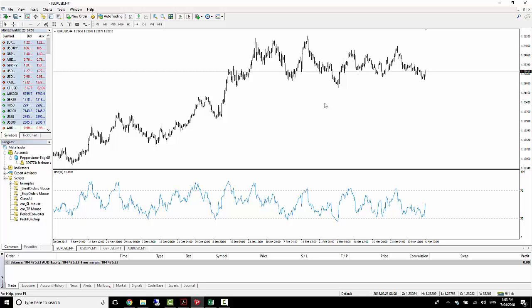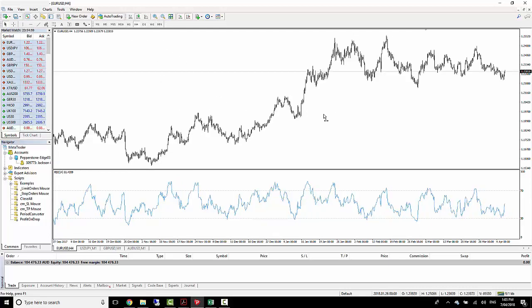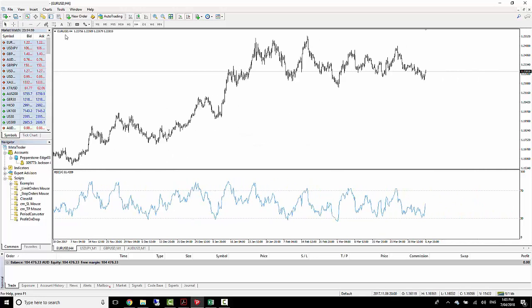So how do we identify divergence? Divergence is very good with double tops, but typically what we want to look at is what happens when price is doing one thing and the indicator is doing the opposite. It's diverging.